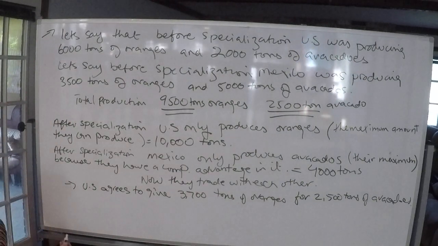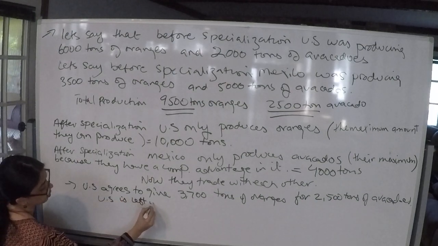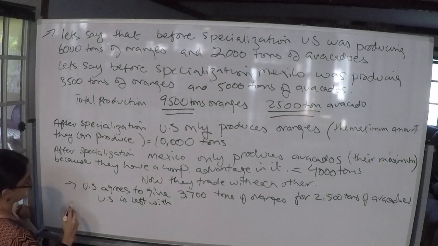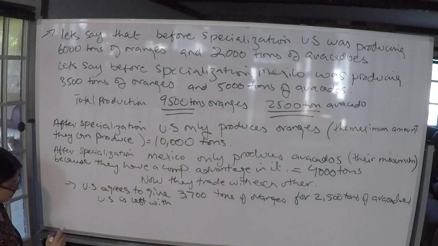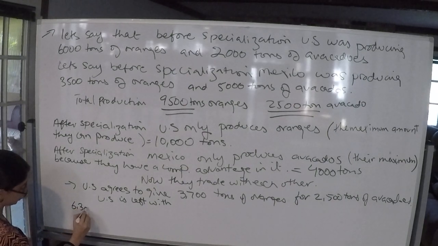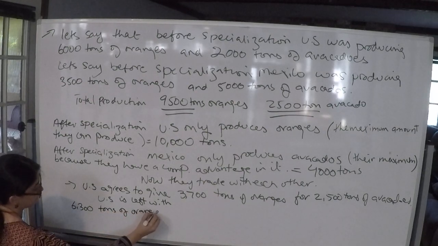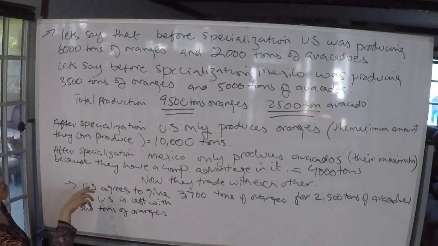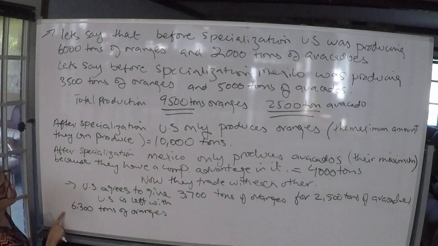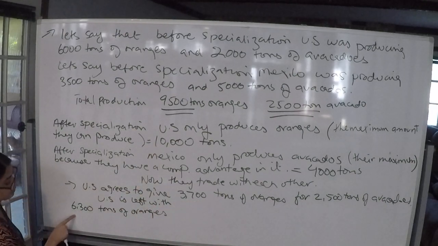So after the trade, US is left with 6,300 tons of oranges. Why 6,300? Well, US grew 10,000 tons of oranges, but they gave 3,700 to Mexico, so they're left with 6,300 tons of oranges.